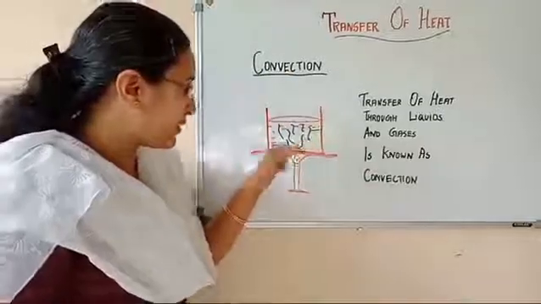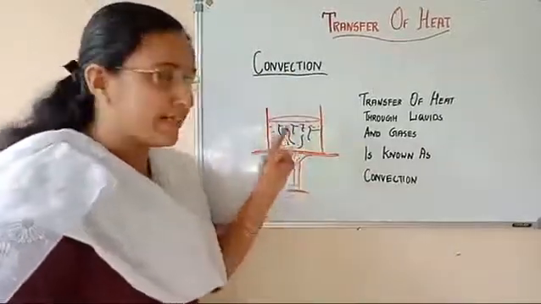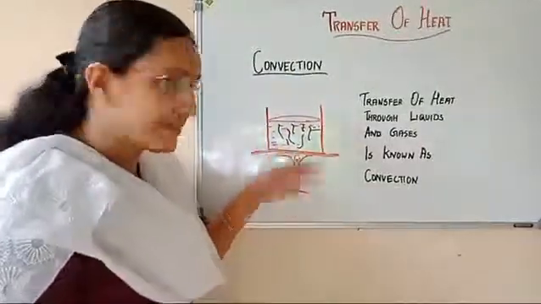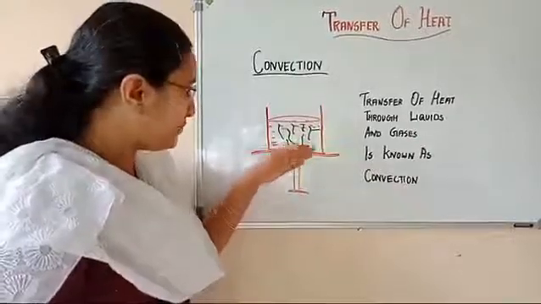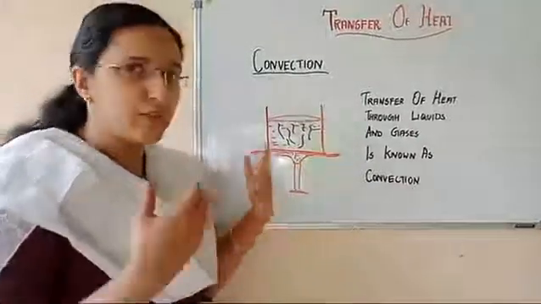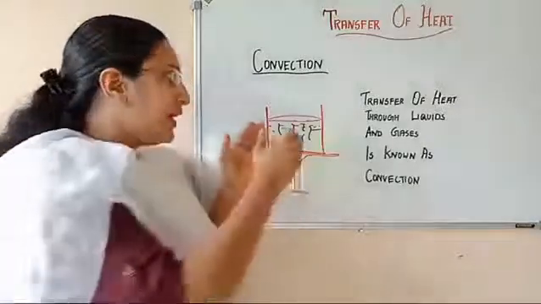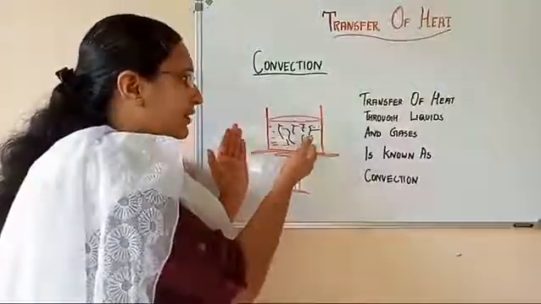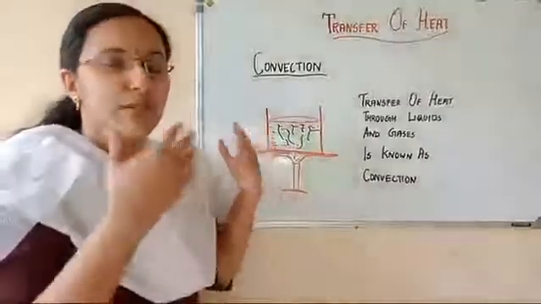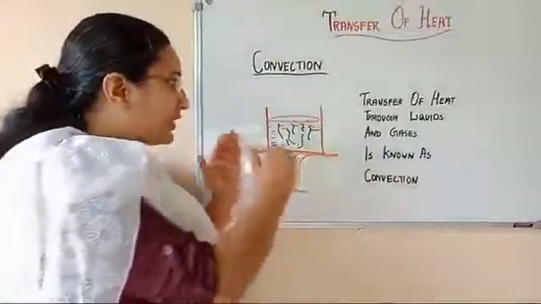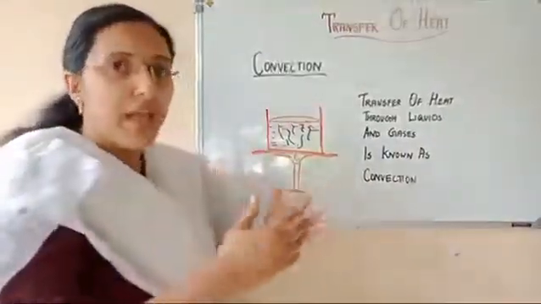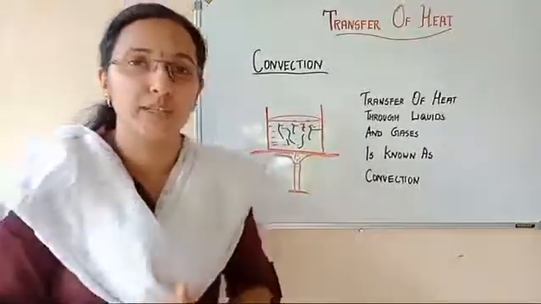Here I kept a beaker. It is full of water and a flame is given. Heat is transferring from this flame to the beaker, and the water starts to boil. The water below, at the bottom of the container, becomes hot first. And what will happen to this hot water?